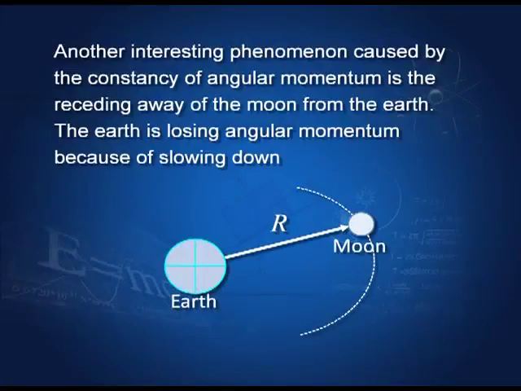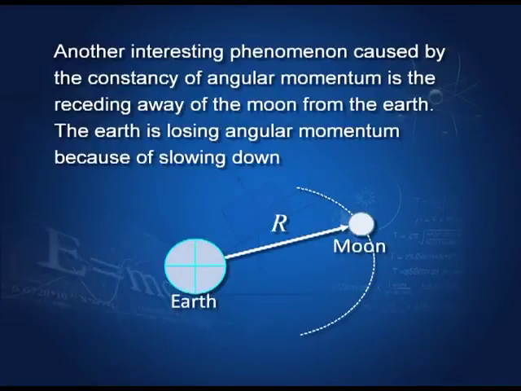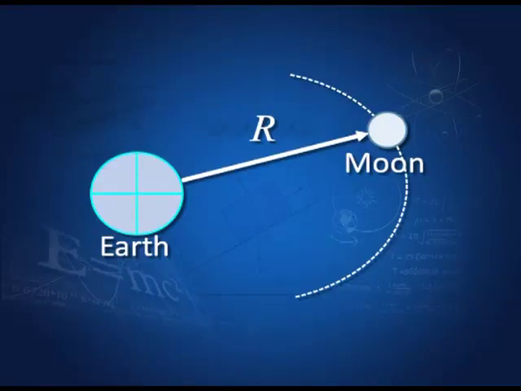Another interesting phenomenon connected with the conservation of the angular momentum. Let us consider the earth moon system. The earth moon system is isolated, therefore, their angular momentum has to be conserved, and if the earth is slowing down, then the angular momentum of the earth has been decreasing, and since the total angular momentum must be conserved, that means the angular momentum of the moon revolving around the earth must be increasing.